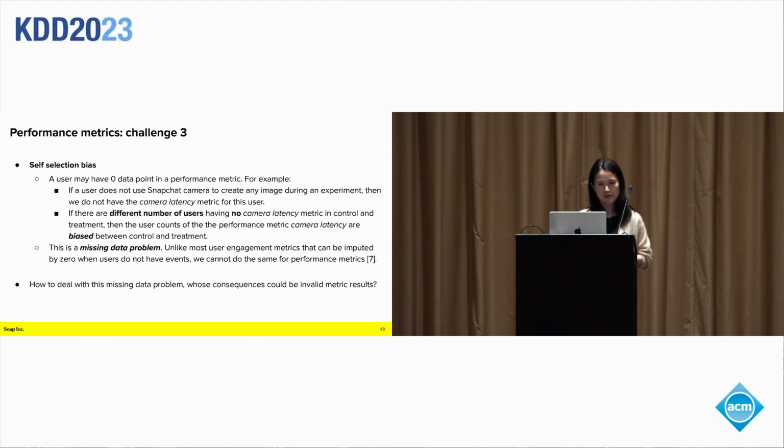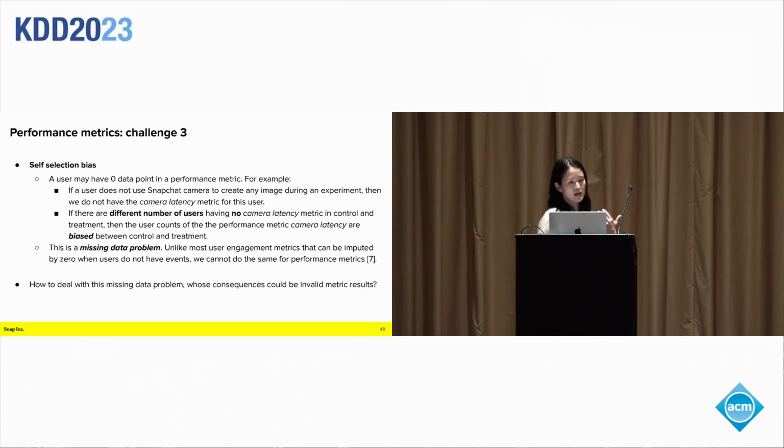And the third challenge about performance metrics is self-selection bias. We mentioned before that if a user never uses a certain function, then the user doesn't have any data point in this performance metric. For example, if a user does not use the Snapchat camera to create any image during an experiment, then we do not have the camera latency metric for this user.